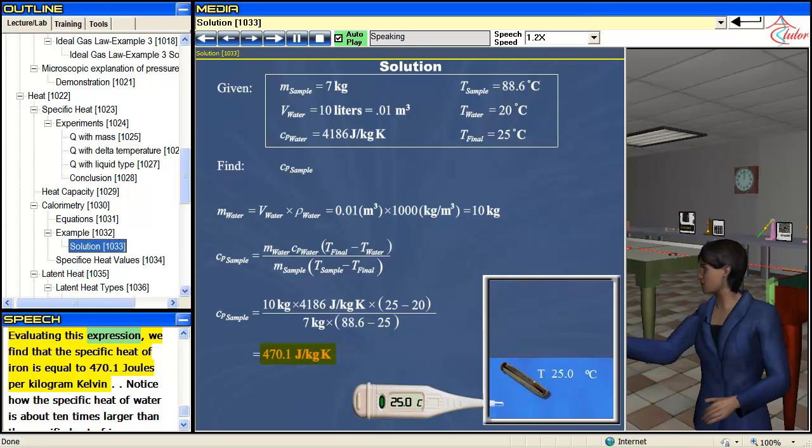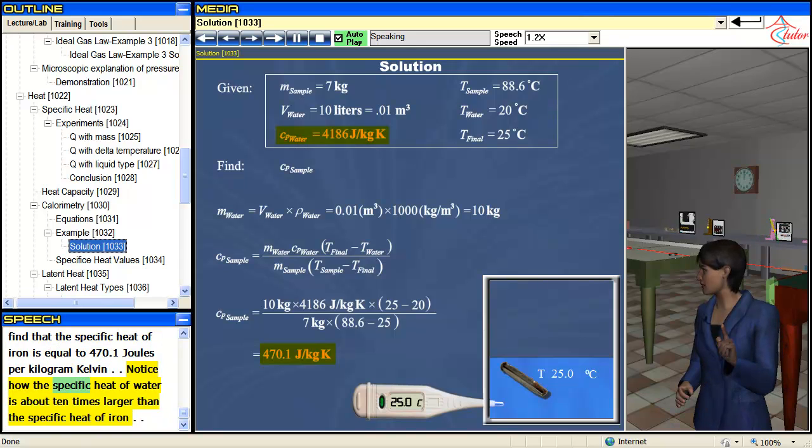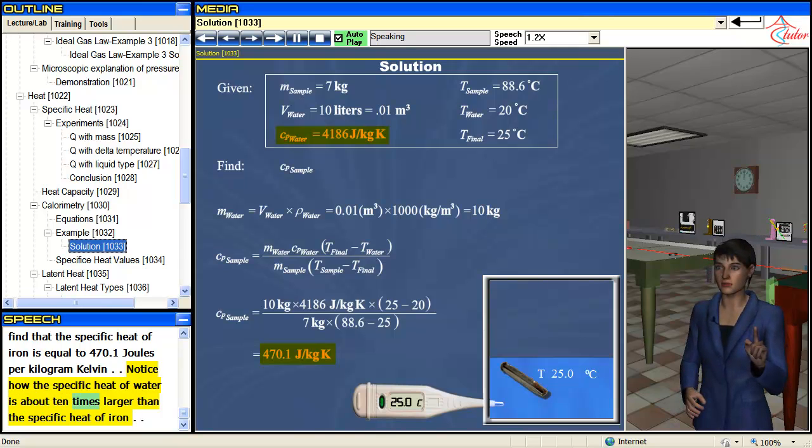Evaluating this expression, we find that the specific heat of iron is equal to 470.1 joules per kilogram Kelvin. Notice how the specific heat of water is about 10 times larger than the specific heat of iron.